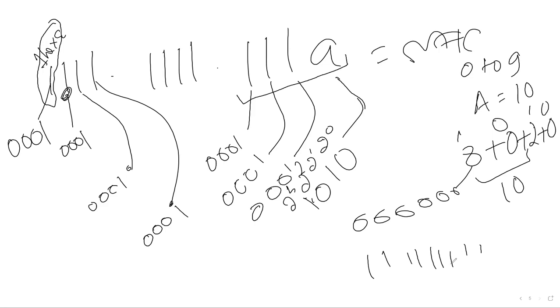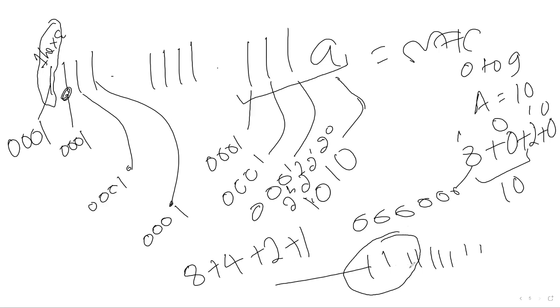When I say completely 1, it means your 4 bits are 1, which is 8 plus 4 plus 2 plus 1, equivalent to 15 or F. So if I'm writing 12 hexa digits of F, it means every bit is on, which is another name for broadcasting.